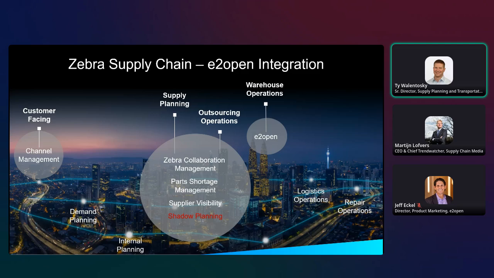Whether it be working with the original component supplier to help pull the supply in, or going out into the broker market to see what we can find for some of those parts that we're short. Then the next step was to not just look at the parts that were short, but get a full view from our tier 1 suppliers of what component supply looks like. That's what we call supplier visibility.